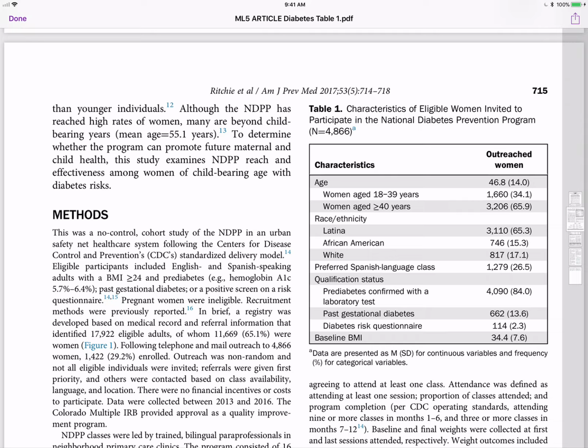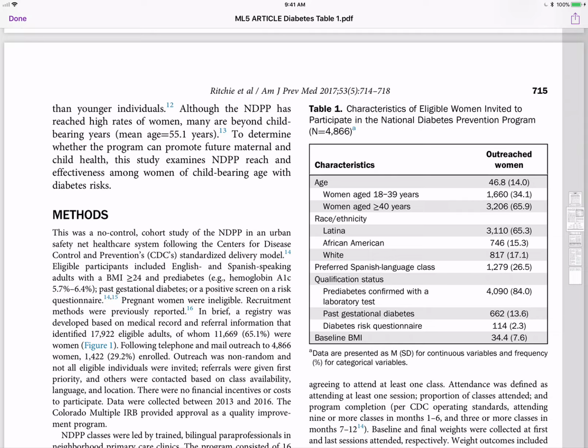Under race ethnicity, you can see the different groups. Here's an interesting one, preferred Spanish language class. So 26.5% of women preferred the Spanish language class. Sometimes we have to presume that the remaining percentage did not prefer the Spanish language class.